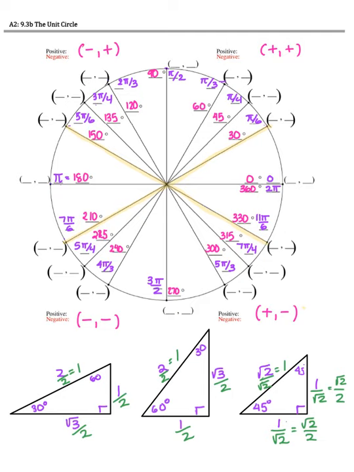Because remember, your reference angles for those are right here inside. All of those are 30-degree reference angles. Then if I go to the next, the 45-degree, these all are going to have the same coordinate. They will only differ by plus or minus because they're all 45 degrees away from the x-axis.